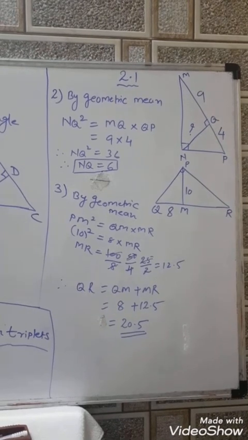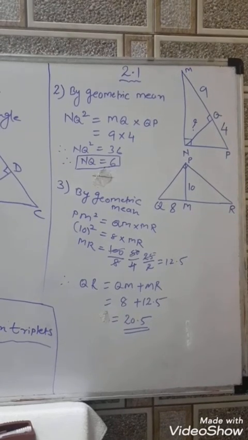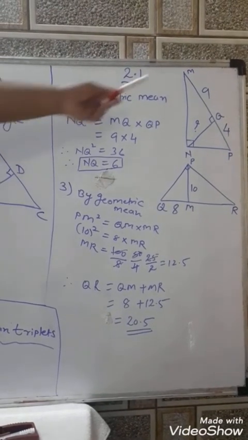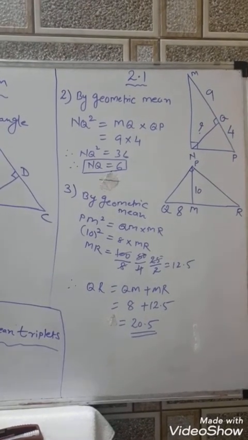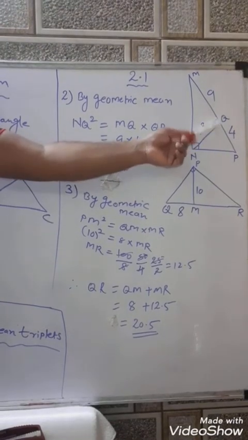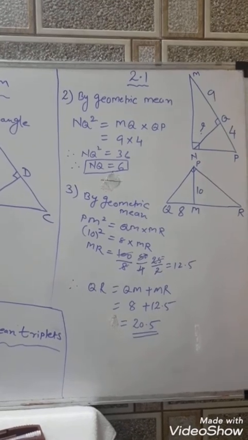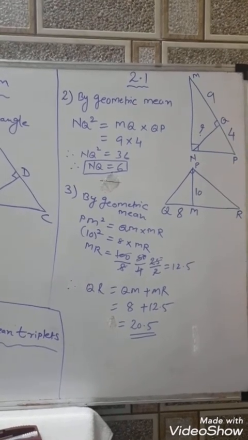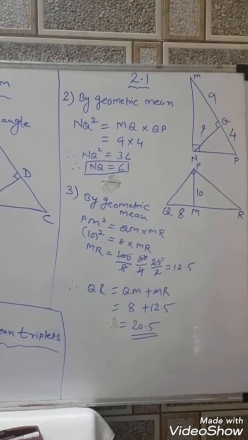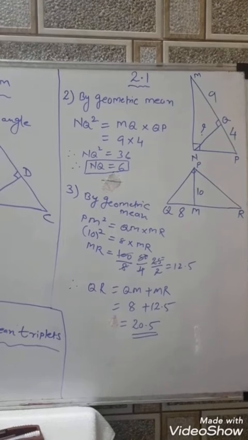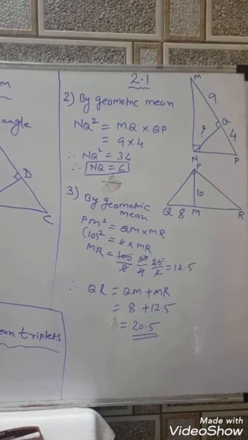2.1, second one. It is given here angle MNP is 90 and NQ is perpendicular to MP. MQ equals 9, QP equals 4. You have to find NQ. So how to find NQ?